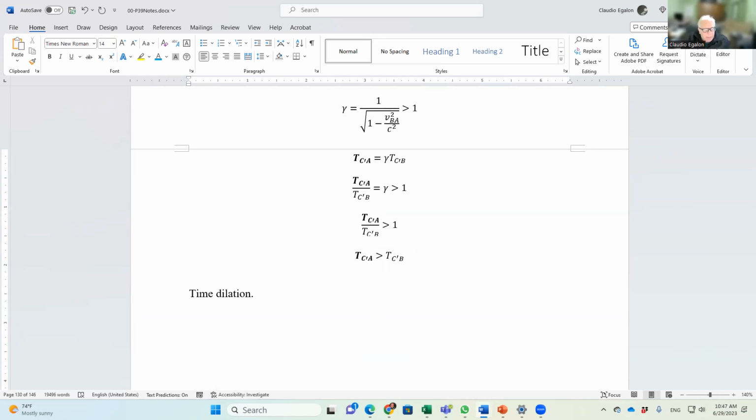The neat thing is that the other way around it also applies. Okay, so we can do the same thing.